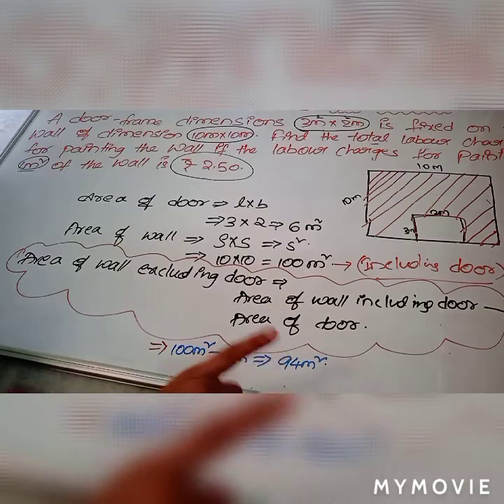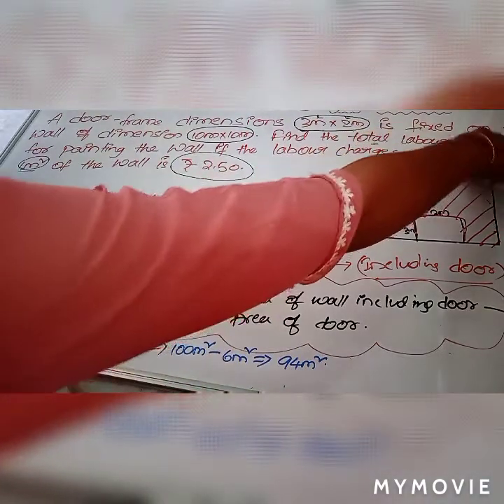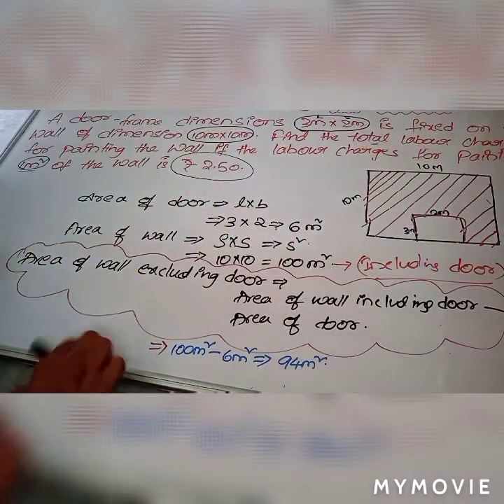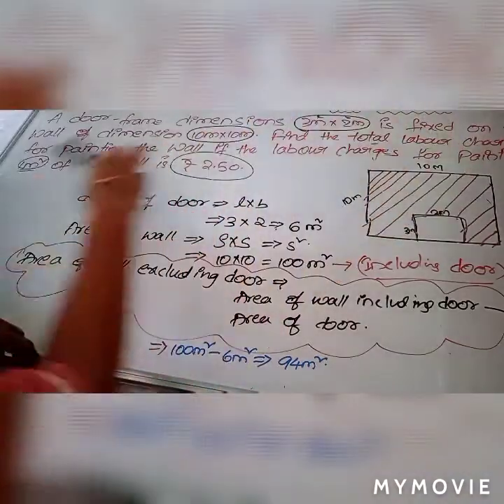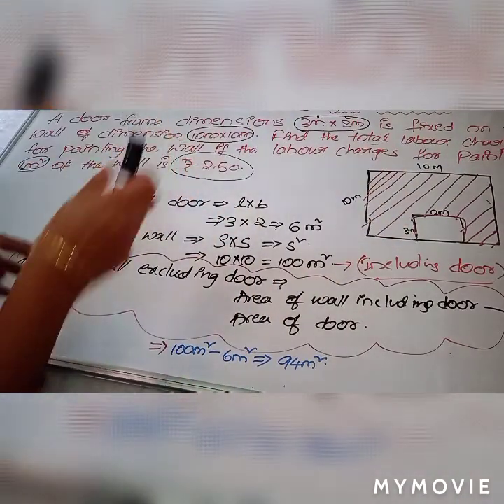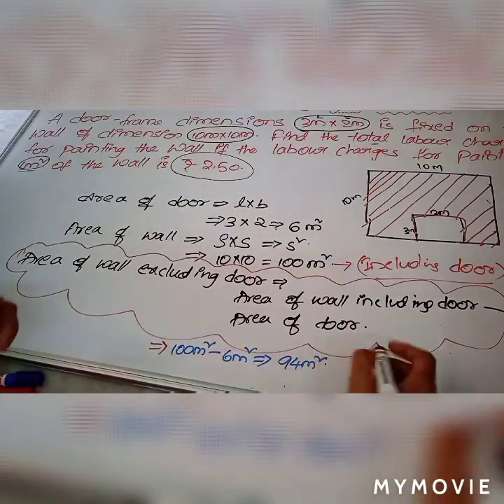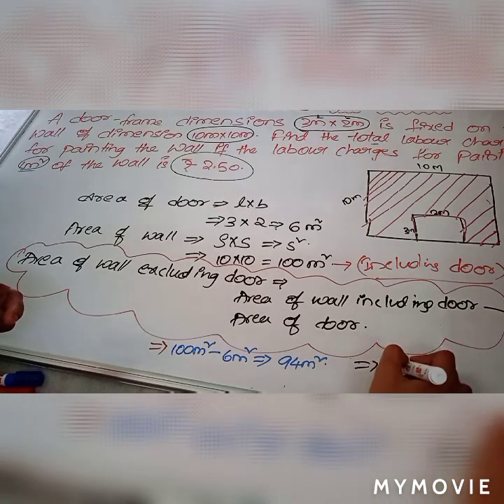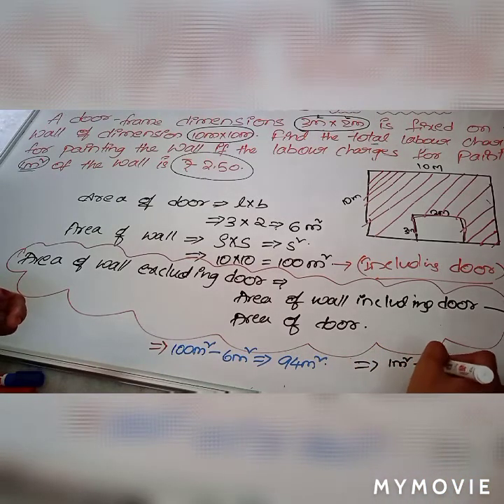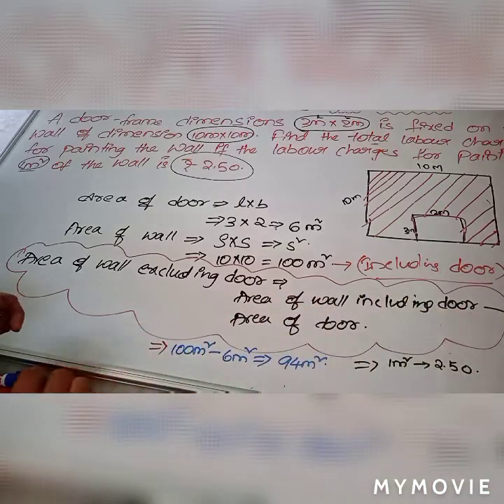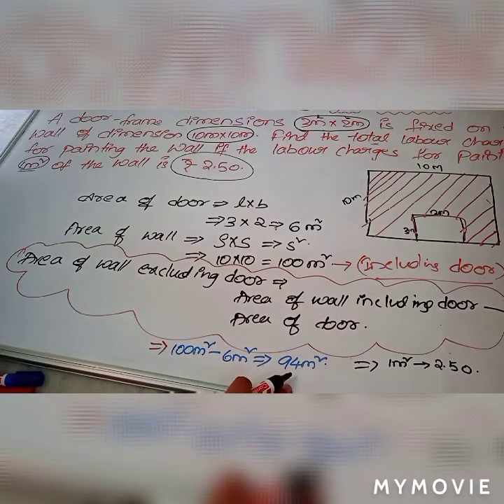The next step, the final step, is we need to find the total labor charges for painting the wall. So if the wall charges for painting 1 square centimeter is 2 rupees 50 paisa, see here, for 1 meter square is 2 rupees 50 paisa, then what about 94 square centimeters?